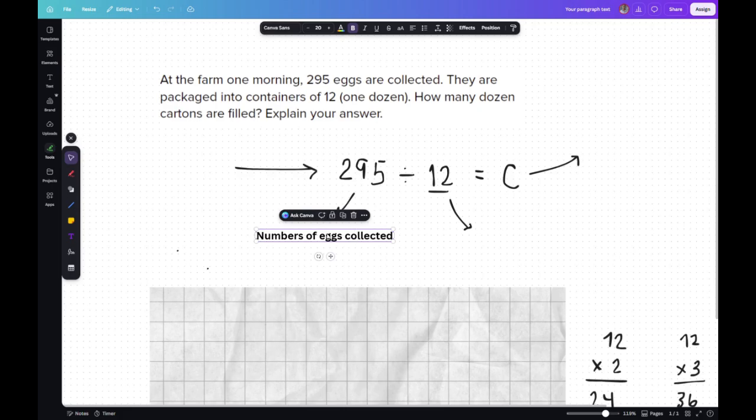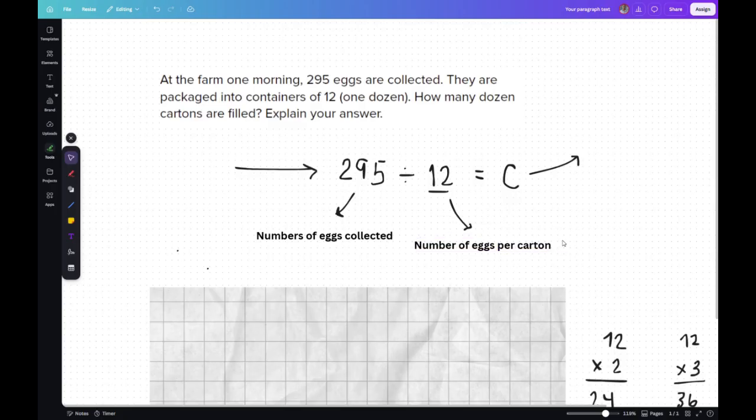And the number 12 is going to represent the number of eggs in each carton, or the numbers of eggs per carton, which is even better.